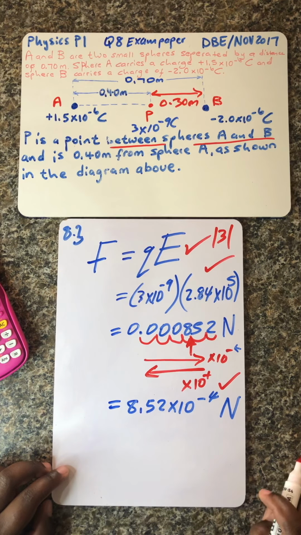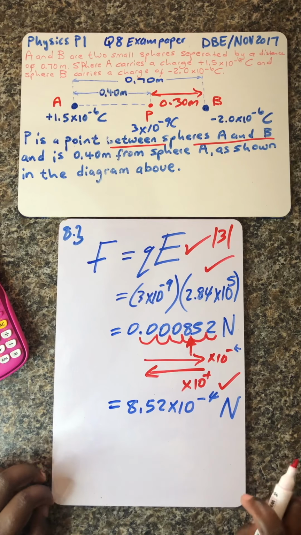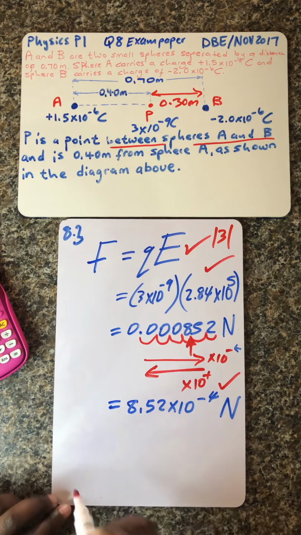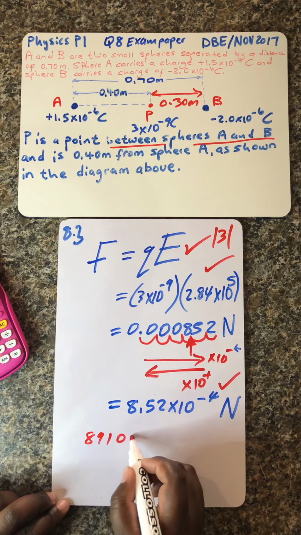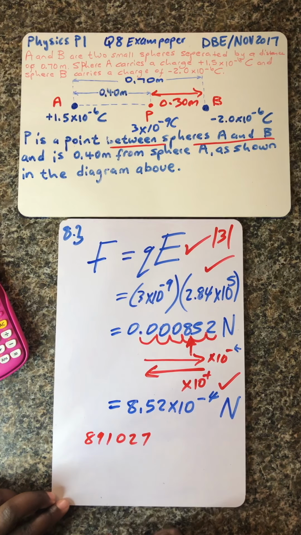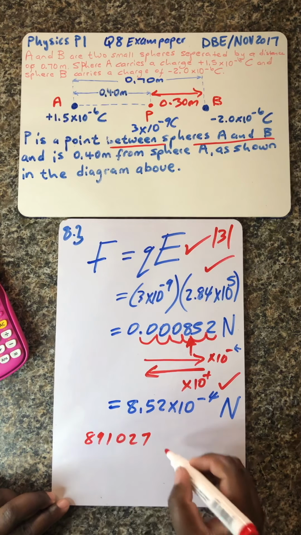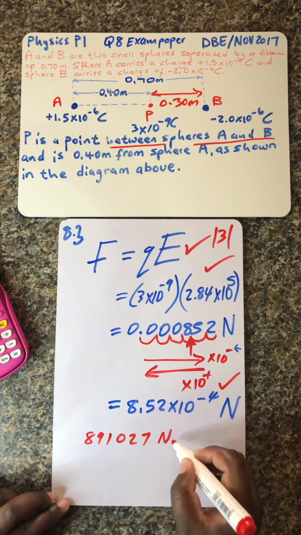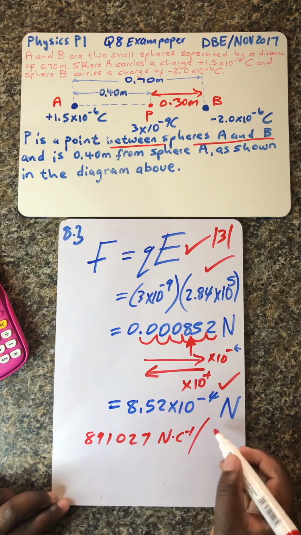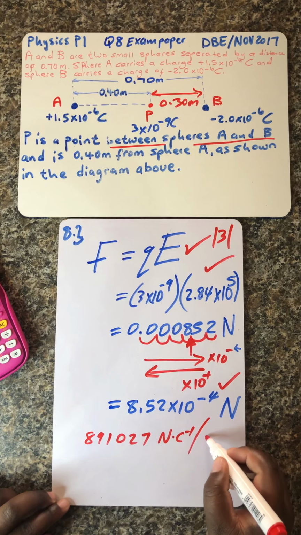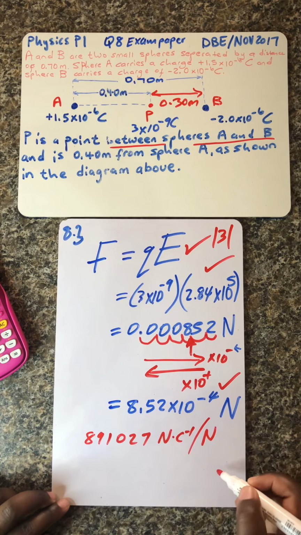But before I close today's live lesson, let me just indicate to you guys, if you've got 8 9 1 0 2 7, let's say you calculated your answer and this was your final answer, it could be newton per coulomb, it could be a force, just like that.